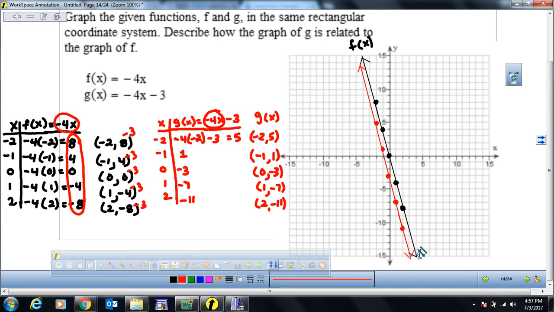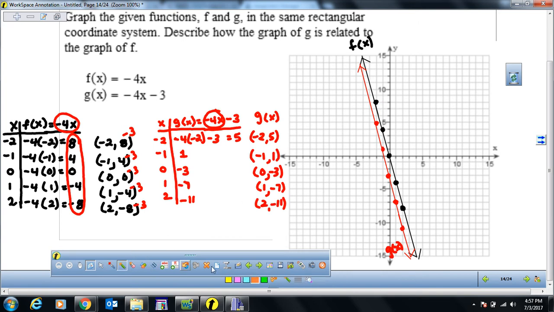Okay, so we need to describe or find a relationship between f of x and g of x, and all I want you to do is look at these points that we originally had. What happened from this point to this point right here? This point was shifted 3 units lower. Now what happened from this point to this point right here? That point was shifted 3 units lower.